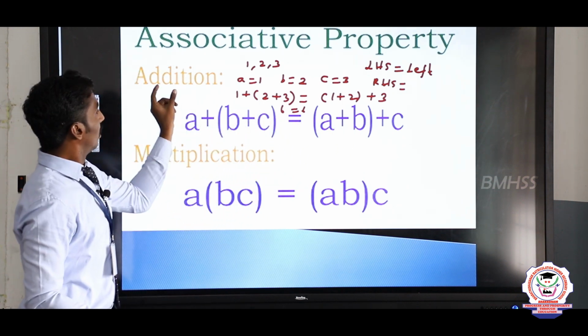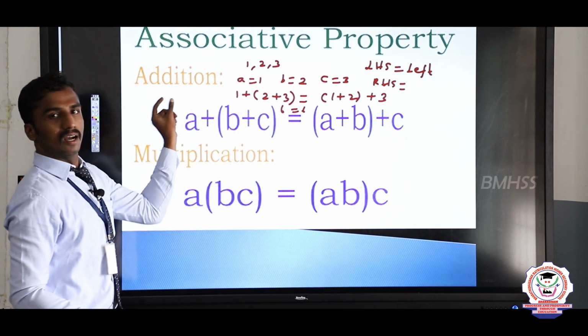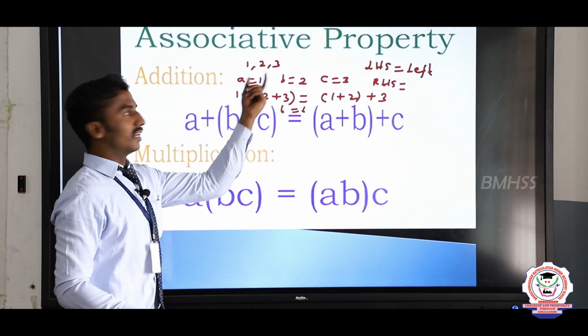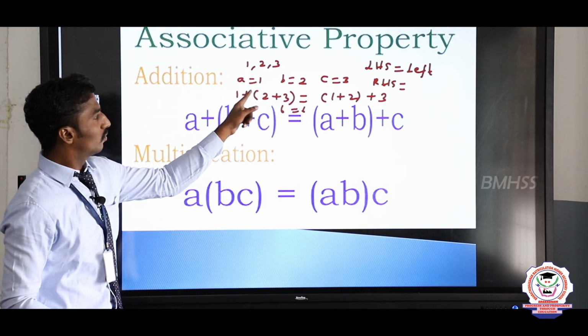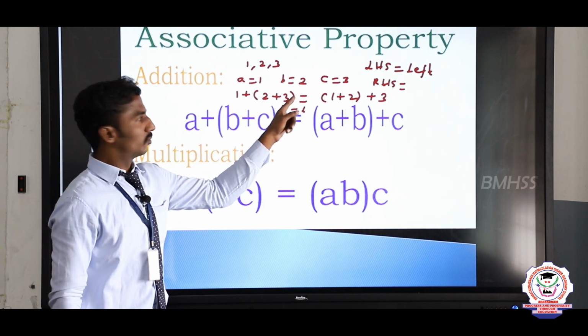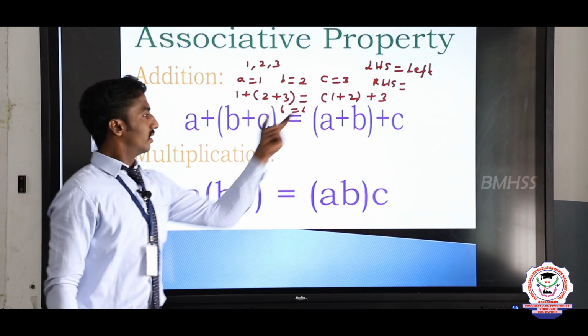Listen one more time. Associative property for addition. We take any three numbers 1, 2, 3: A equals 1, B equals 2, C equals 3.